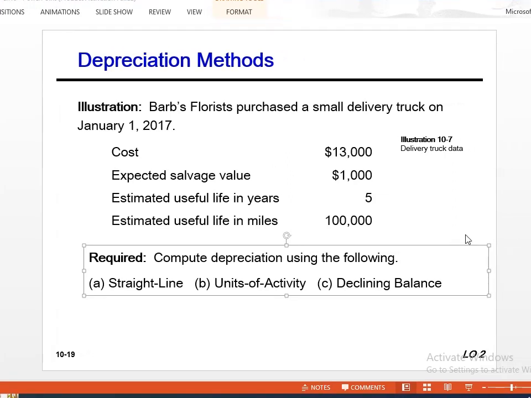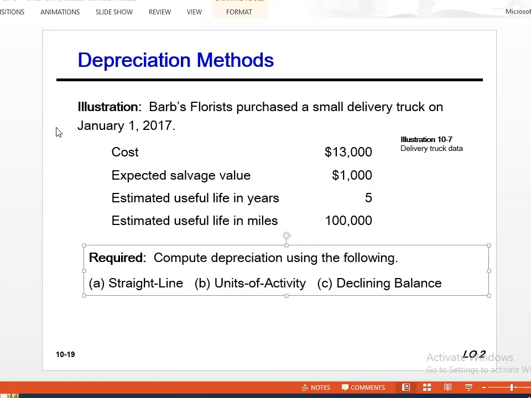At that time, the total cost he incurred to purchase this truck was $13,000. This truck has an expected residual or salvage value of $1,000. It has an estimated useful life of 5 years.